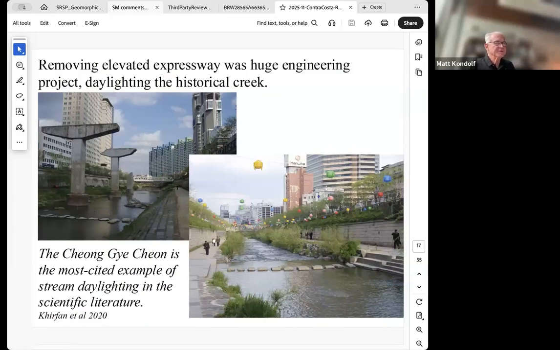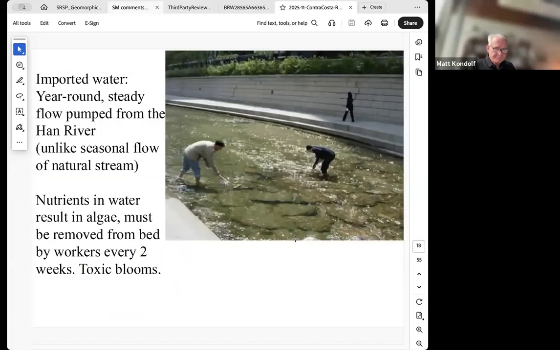But most of the system looks something like this, where you've got water flowing down a straight channel and then willows on the banks. Not everywhere. There are different sections that look different, but mostly it's like this. And as I say, a recent review of daylighting papers in the scientific literature found this was by far and away the most cited daylighting project and most described.